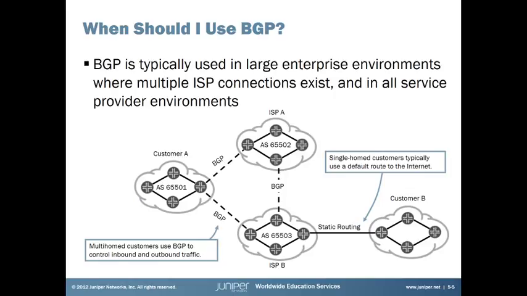Okay, let's think about the static route situation that I just described. So if we have a static route, and here's an example down here of customer B. So customer B down here has got just one connection and has a static route. Think about the IP address that customer B has got configured on its edge router, the router that connects over into the internet or connects over to the ISP.